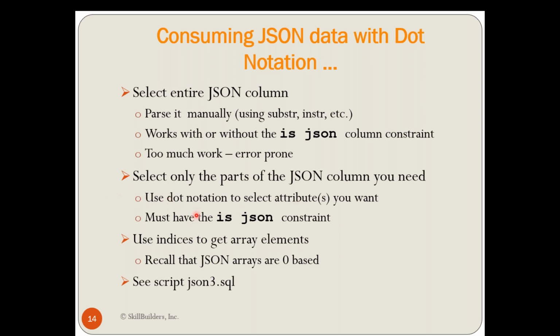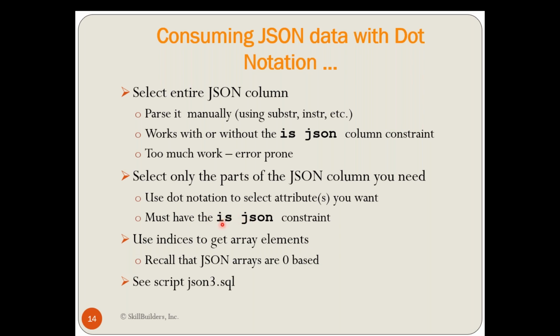To use dot notation, you must have the isJSON constraint, or Oracle must know it's a valid JSON document. Without the isJSON constraint, or if Oracle doesn't know it's a valid JSON document, and you try to use dot notation, it'll say, hey, I don't understand what you're doing. It's not going to work.